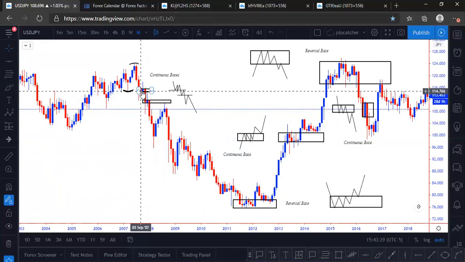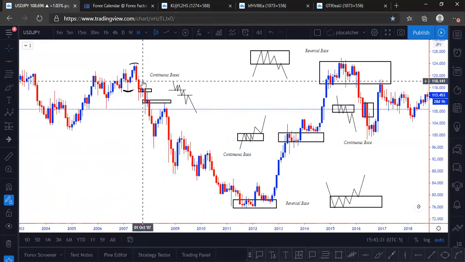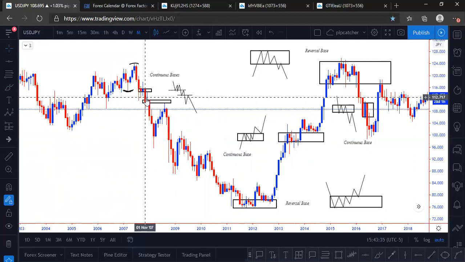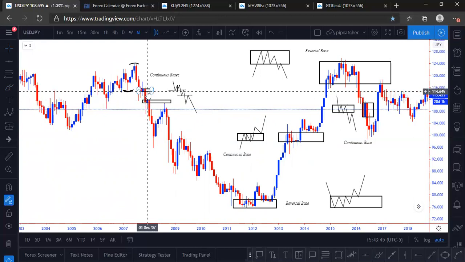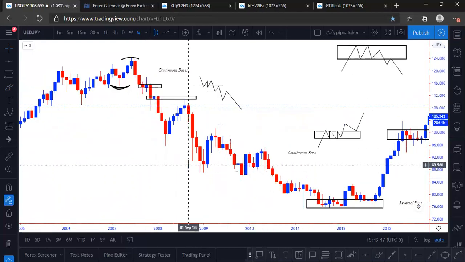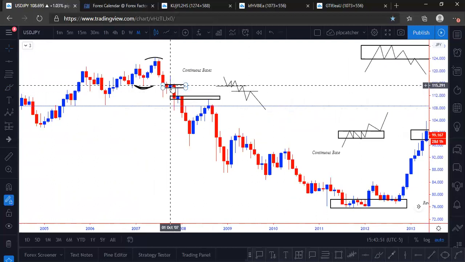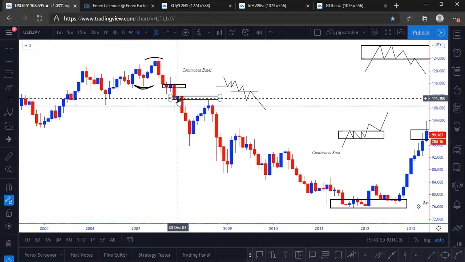Okay, so off that first initial pullback, that base was also where the mitigation was from that base too. You see that next bullish candle that mitigated out of this bullish candle, right?